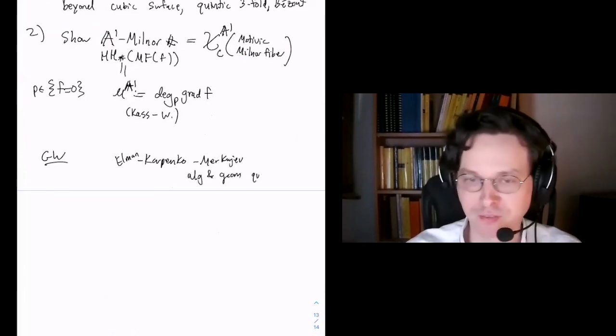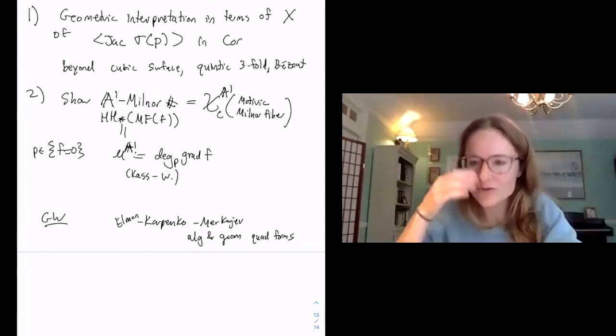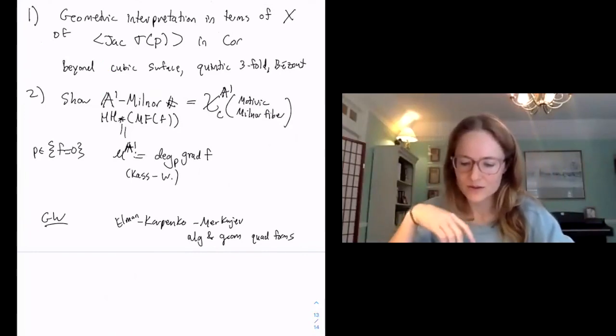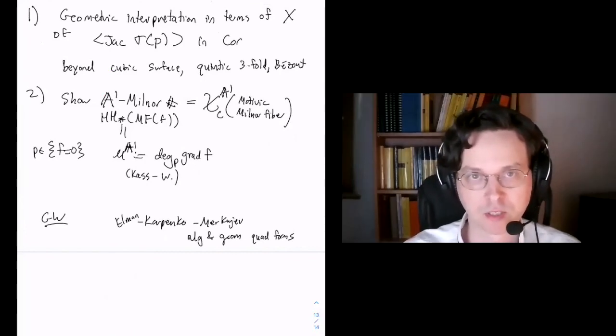Maybe I should have asked that question sooner. So the main theorem holds also for fields of characteristic 2, even without any. The presentation of GW, yeah. That's what Morel's using.